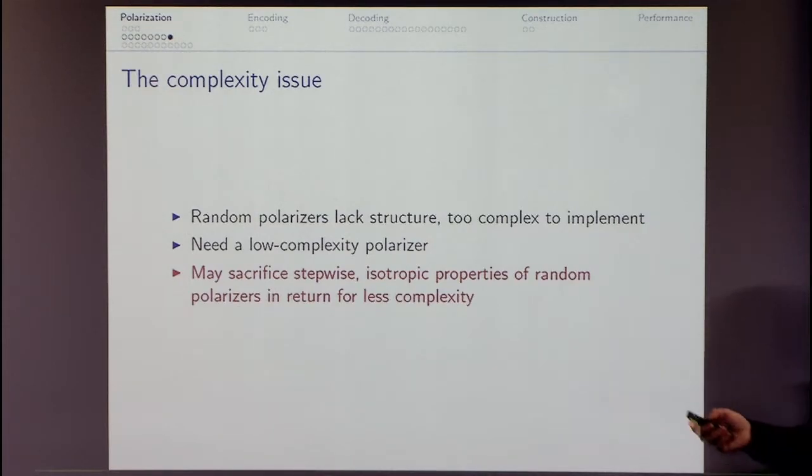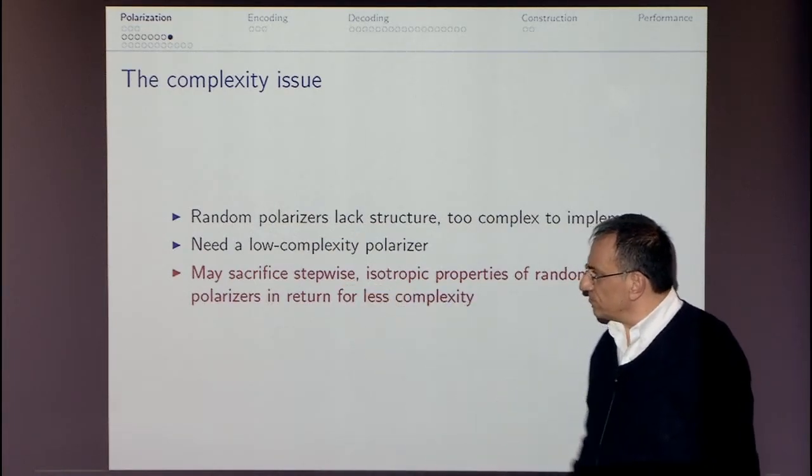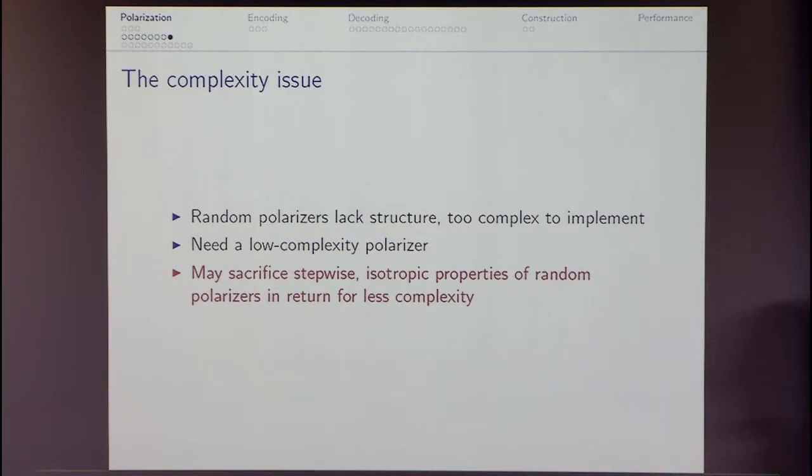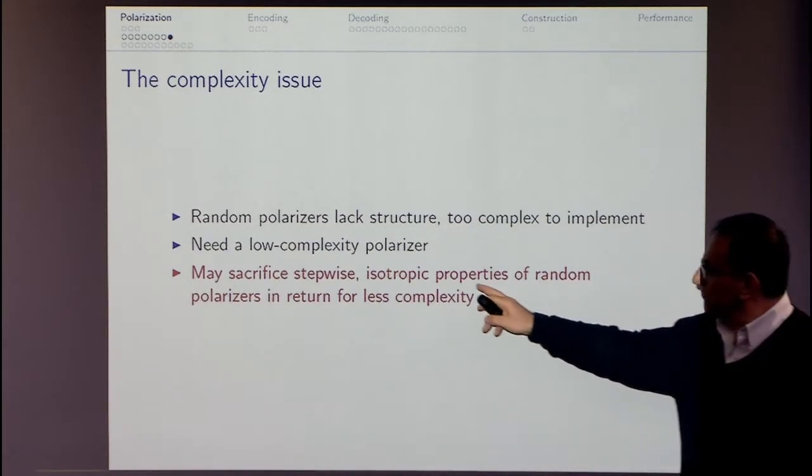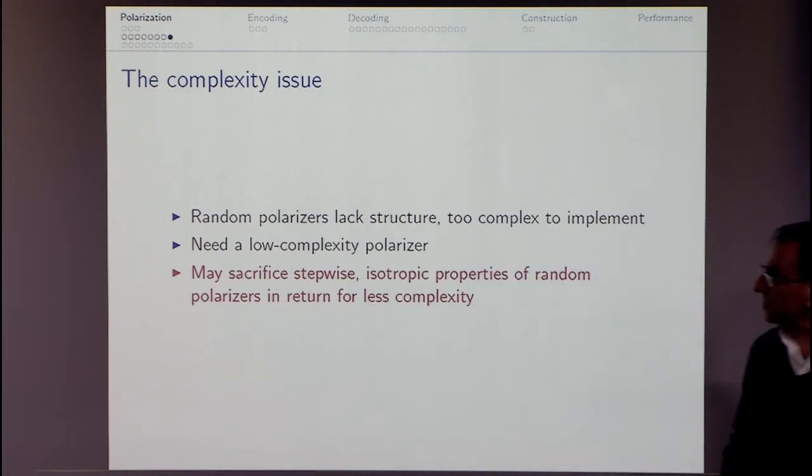We don't need stepwise polarization. We don't need to have zeros followed by ones. It's okay to have some zeros, then a 1, and then going back down to 0. Okay, so having an irregular sequence of zeros and ones, it's okay. And we can give up the isotropic property also if these are going to lead to a low complexity polarizer.